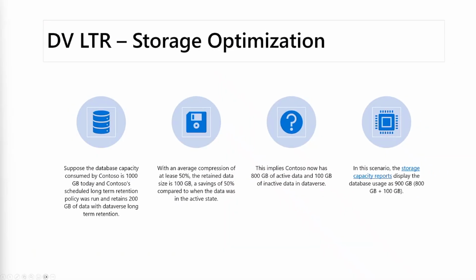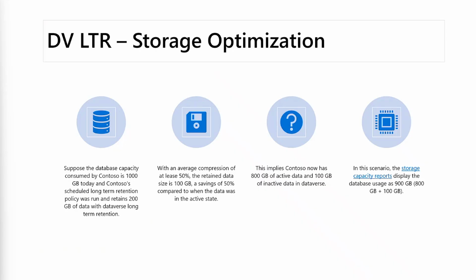Now, let's talk about storage optimization. We talked a little bit about it in the previous slide, but let's take a real example of how storage optimization is done. If you take a database of Contoso, for example, where we have 1,000 GB of data, and you define a filter criteria which will move 200 GB of data through long-term retention to the cold storage, effectively this 200 GB of data that is moving will be compressed.